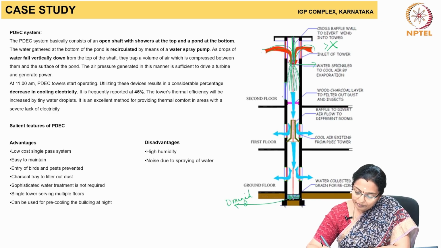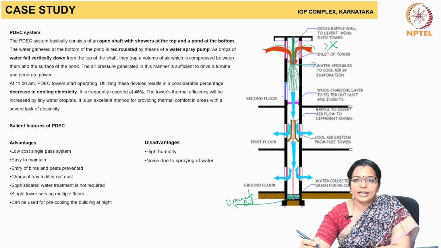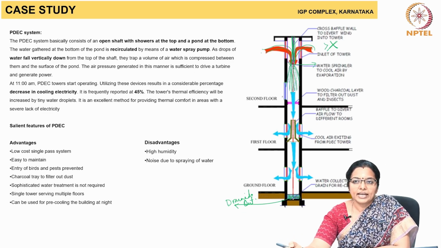So, what happens is at 11 a.m. the PDEC towers start operating. They utilize these devices, resulting in considerable percentage decrease in cooling electricity.